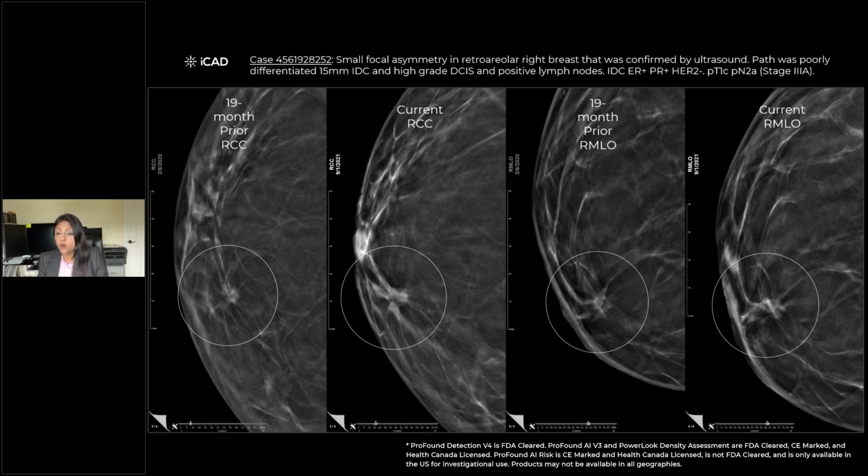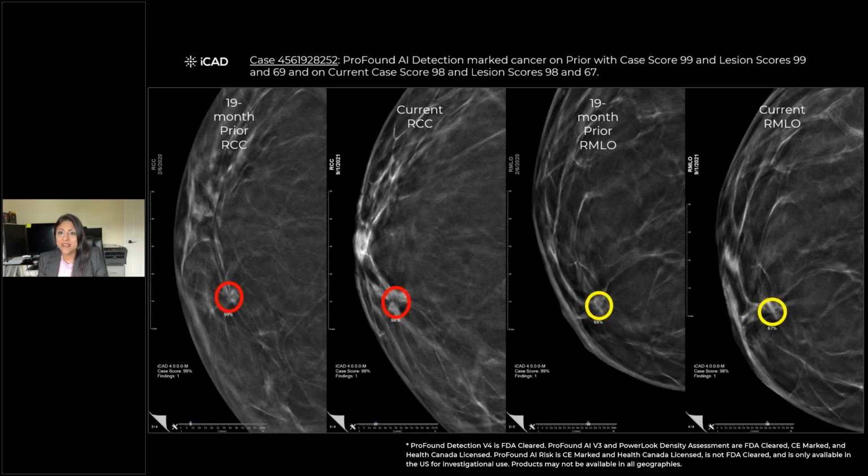However, when we use the tool with iCAD, if you could show the next slide with the images, had this tool been implemented 19 months ago, it had picked it up even back then.